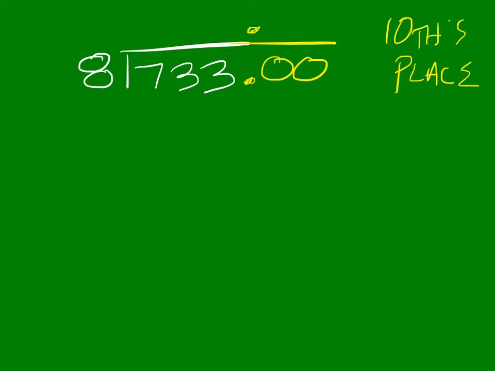What's my first move to divide this? 8 will not go into 7, so we have to try it into 73. How many times will 8 go into 73 without going over?